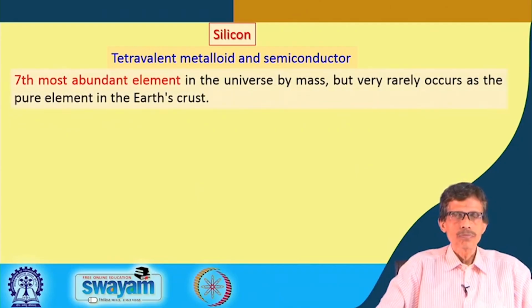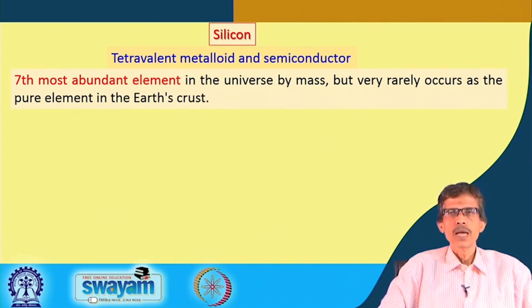The tetravalent metalloid can also be used as a semiconductor in its elemental form. After the 12th most abundant element we come down, because silicon availability is pretty high, and it is the 7th most abundant element in the universe by mass. It is also heavier because of the silicate rock materials. Geologists are very interested in silicate materials or silica based compounds, but silicon very rarely occurs as the pure element in the earth crust.